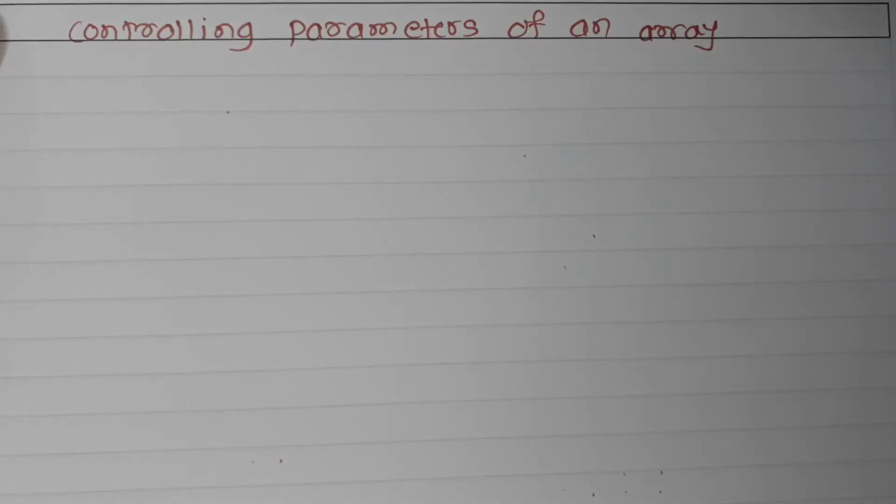Let us discuss the controlling parameters of an array. The shape of the overall radiation pattern is decided by 5 controls.